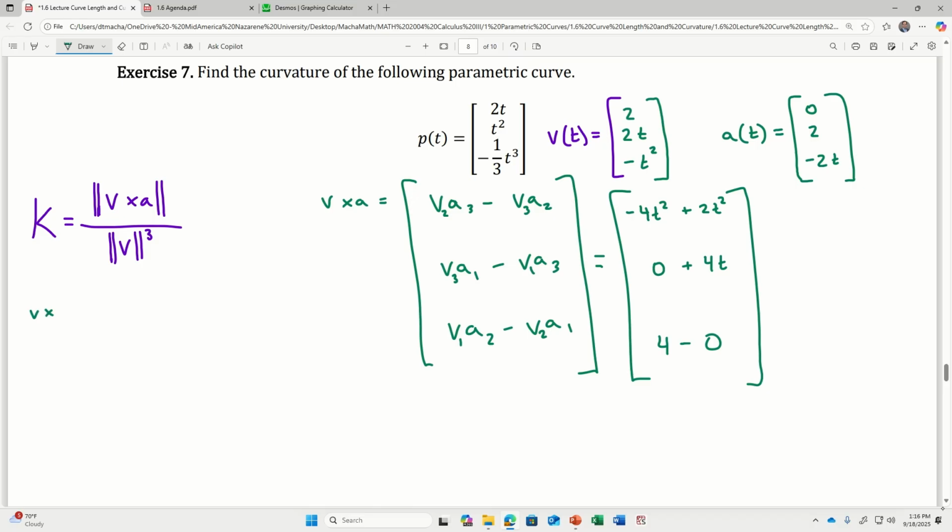So the norm of V cross A is the square root of 4t to the fourth, plus 16t squared, plus 4.